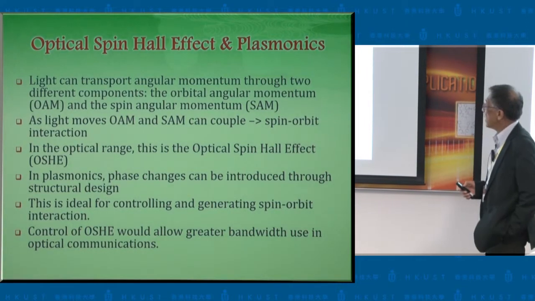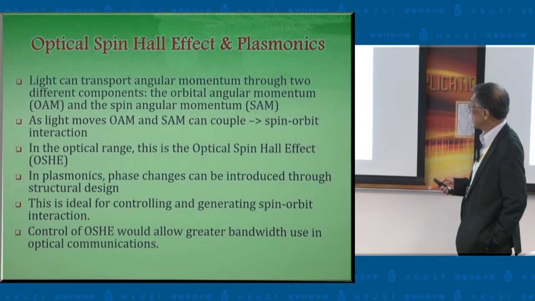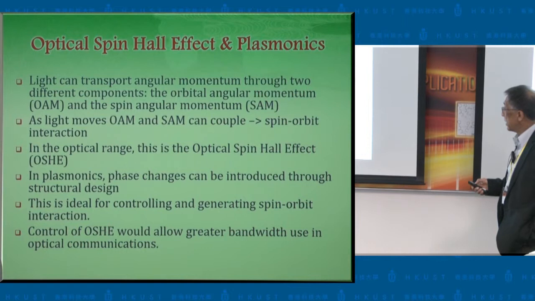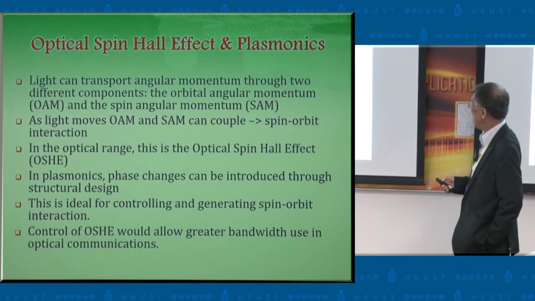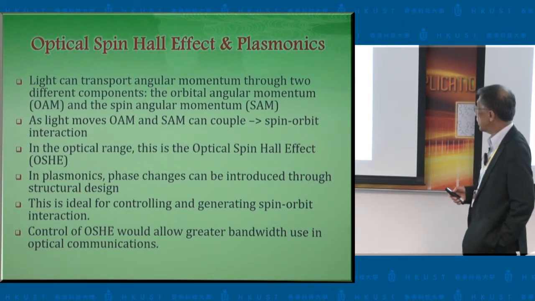Next we move on to looking at polarization control. This is a general thing: light itself has two components, the optical angular momentum, OAM, and the spin angular momentum, SAM. As the wave propagates, OAM and SAM can couple. They give you the spin orbit interaction.